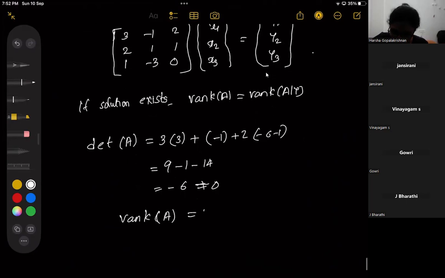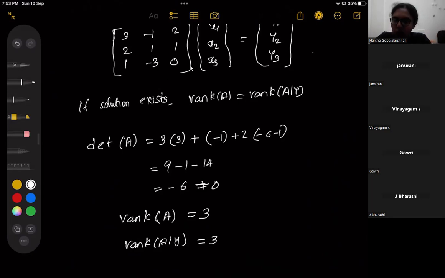Now, what is the rank of AY? It's also 3, because AY means we are just concatenating this column to A. Whatever row operations we do, we will get 3 non-zero independent rows.